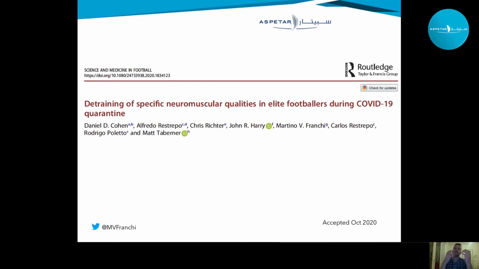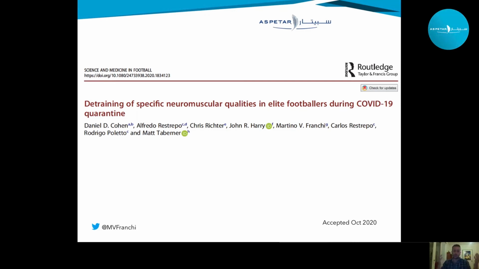This tells a little bit about some neuromuscular qualities in elite footballers during COVID-19 quarantine and the change. But I assume that probably some architectural aspects, morphological aspects, and mechanical properties of either muscle and tendon were potentially responsible for some of the changes that we've seen.